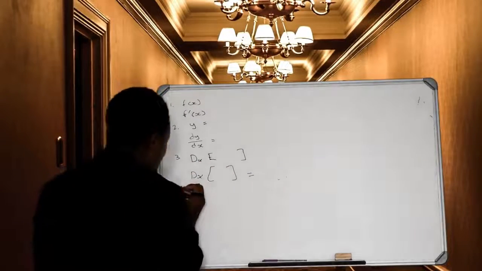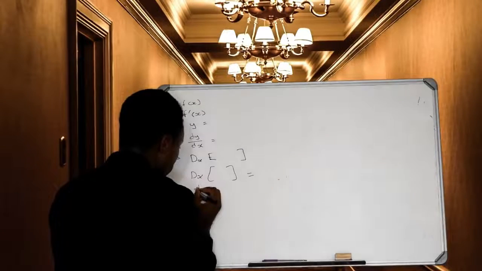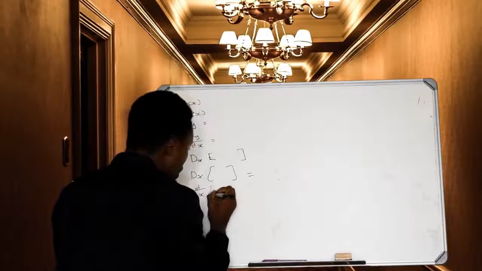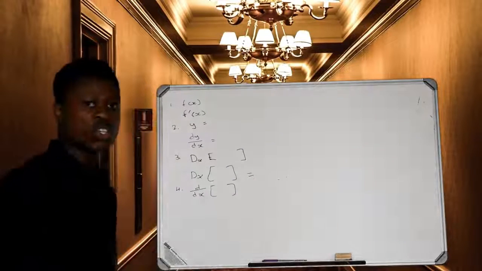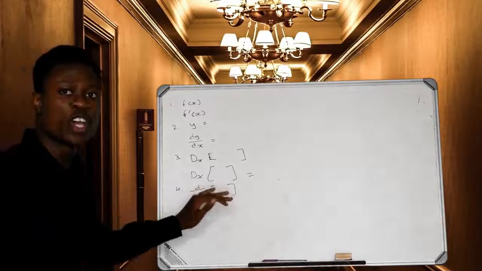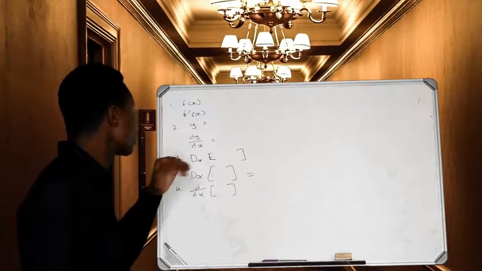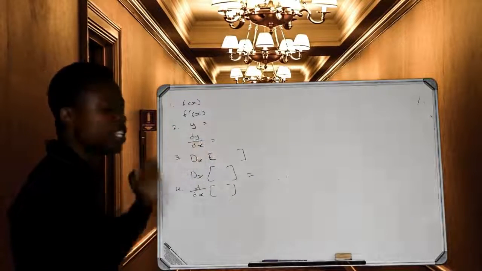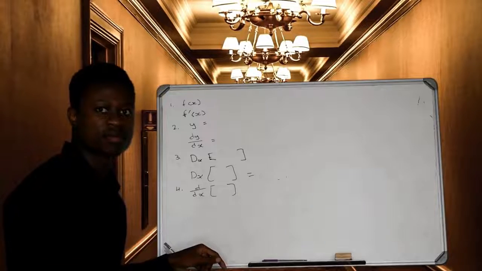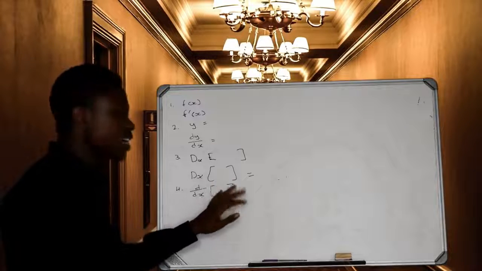The fourth one is very similar to the last one, but this one is d over dx of a function. If you look at this carefully, it looks very similar to the one above, the dy over dx. D over dx means that the y is inside this bracket.